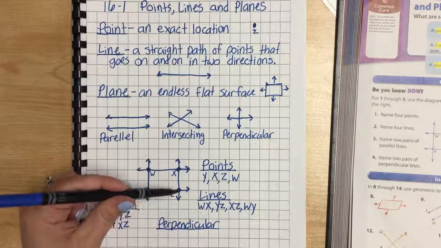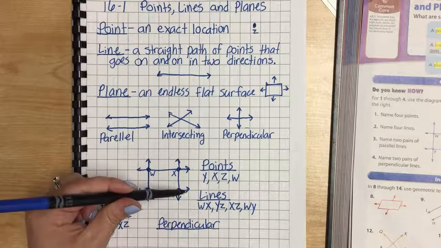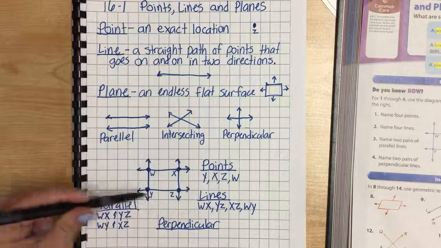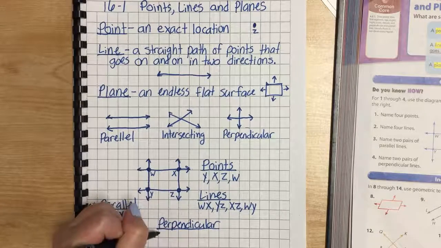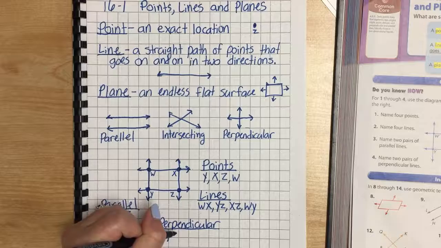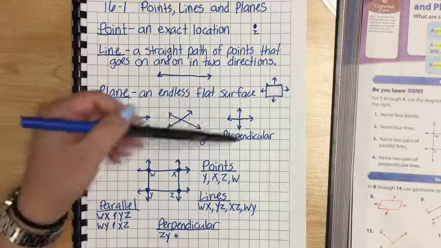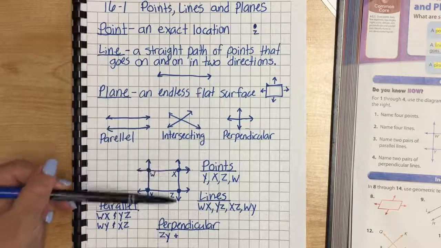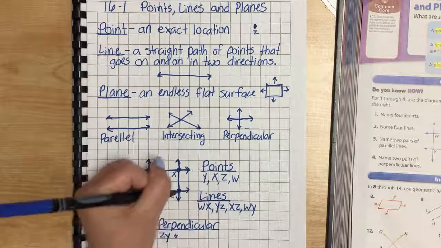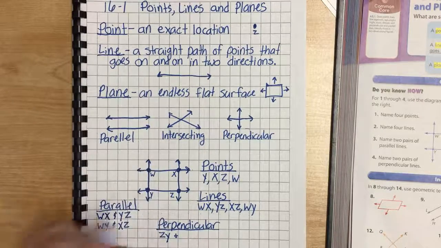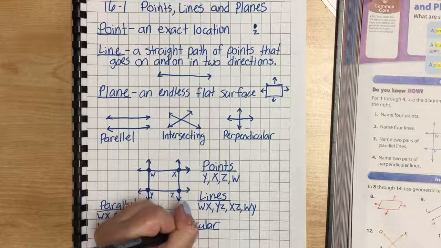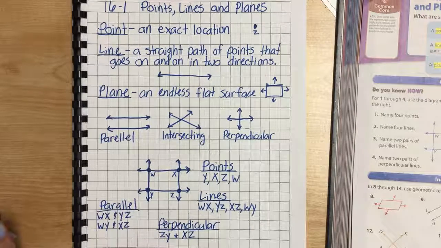Z and Y. Okay, so ZY would be one line, and what's perpendicular to ZY? Remember what perpendicular is. XZ. Maybe a clue there is that they share a point. ZY and XZ are perpendicular.